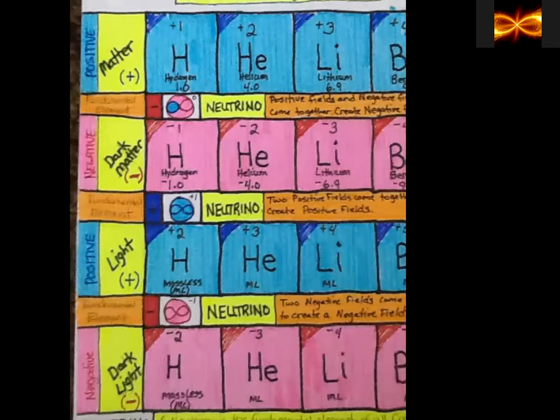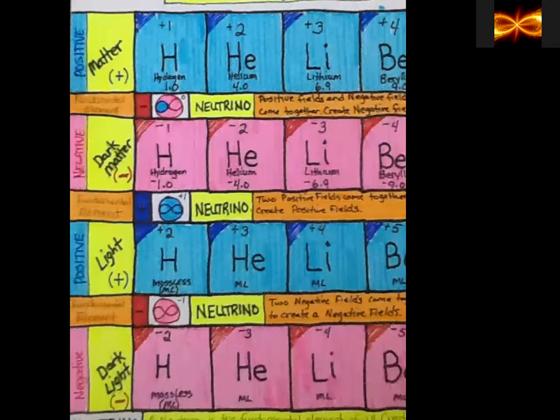I just want to point out that matter, again, is positive polarity. Dark matter is negative polarity. Light, or plasma, as we call it, is positive polarity. And dark light is negative polarity, hence the pink and the blue.